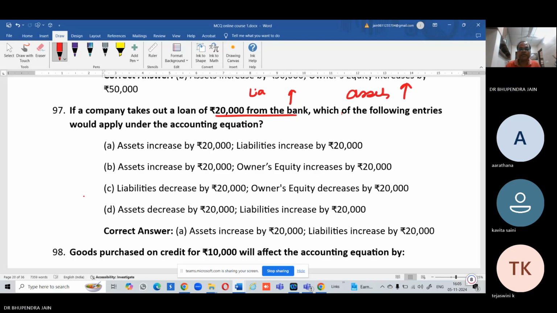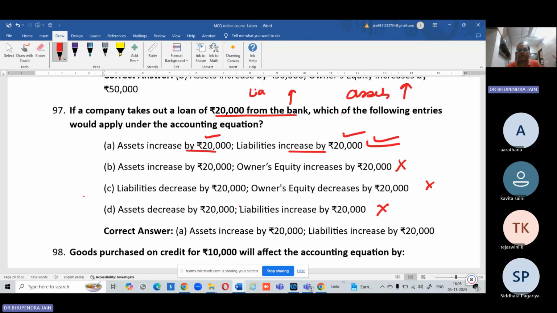Assets increased by 20,000, liability increased by 20,000. This should be the correct answer. Asset increased by 20,000, owner equity increased by 20,000, wrong. Liability decreased 20,000, wrong. Asset increased 20, liability increased 20, so wrong. This is the correct answer.